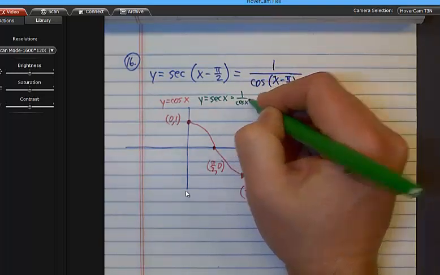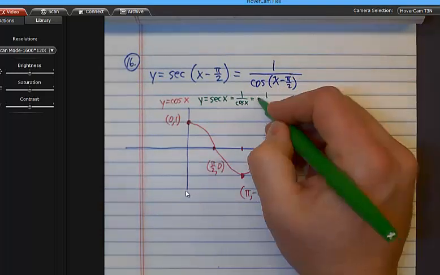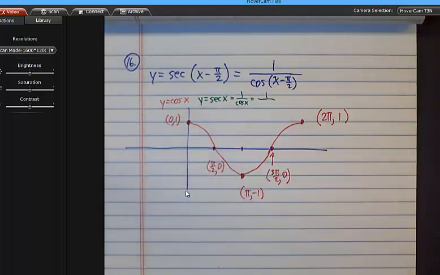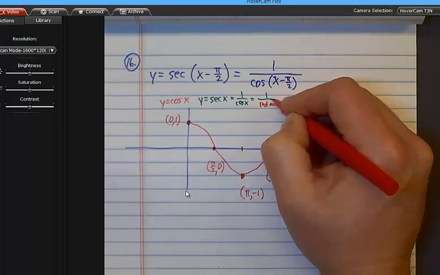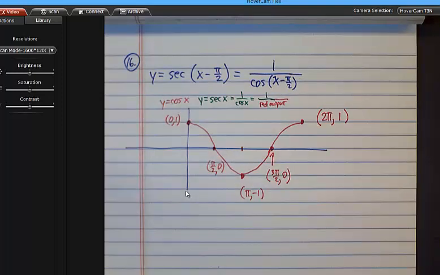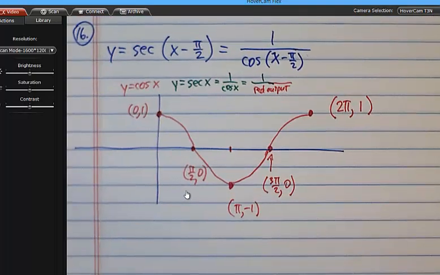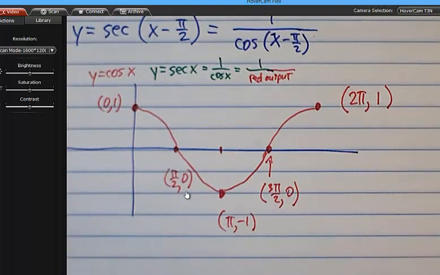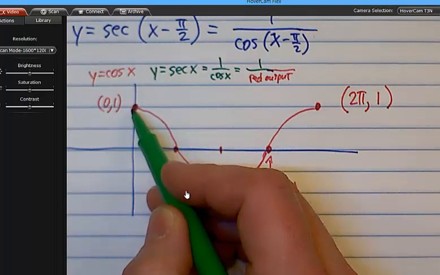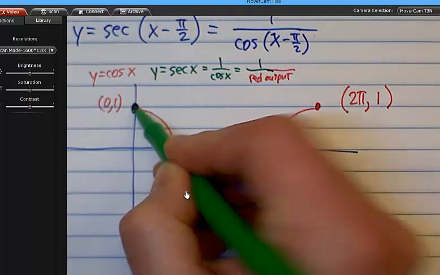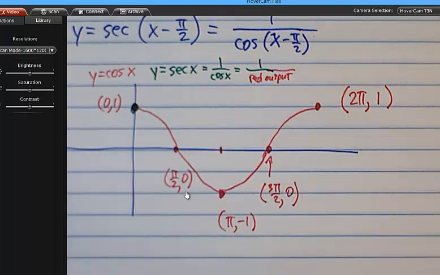You could think of it as 1 over the red output, because the red output was my cosine function. Let me zoom in a little. That's hard to see what I was writing. So for example, what's the reciprocal of 1? 1. The secant function is also going to have a point at 0, 1.